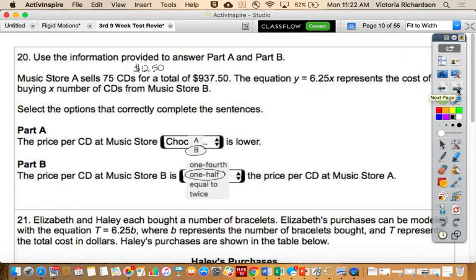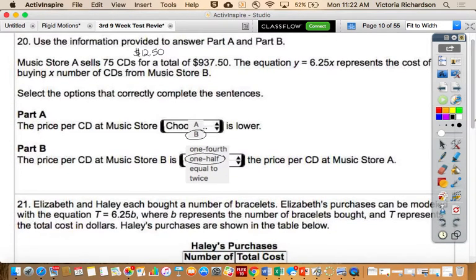Number 20, use the information provided to answer part A and B. Music store A sells 75 CDs for $937.50. So if we want to find the price of one CD, we divide cost divided by the number, and you get $12.50 for each CD. The second store sells them for y equals 6.25x. So how much money is that? $6.25.